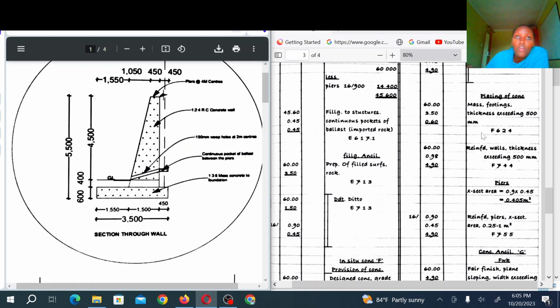You see, placing of concrete is that whole process of putting that concrete in place, and usually measured differently from provision of concrete in the CESMM.